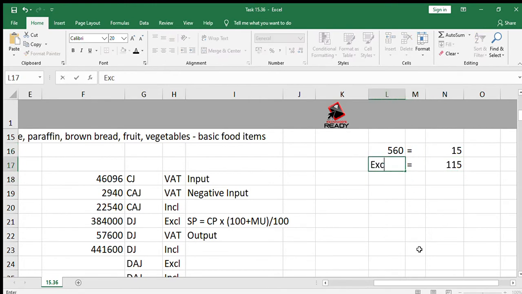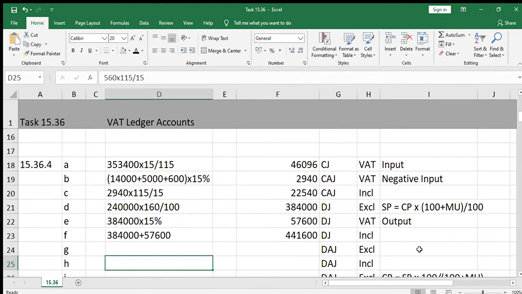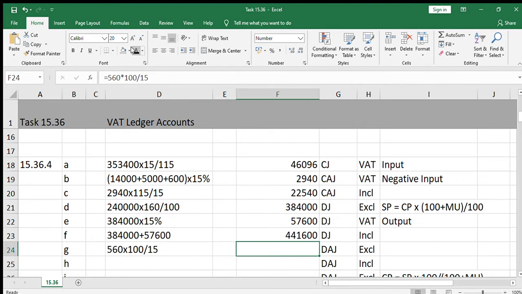Sales needs to exclude VAT, so that's equal to 100. Cross multiplying, we'll say 560 multiplied by 100 divided by 15 to get our sales answer. That gives us 3733. I've just been rounding off the answers.